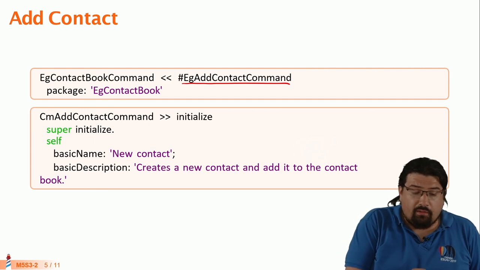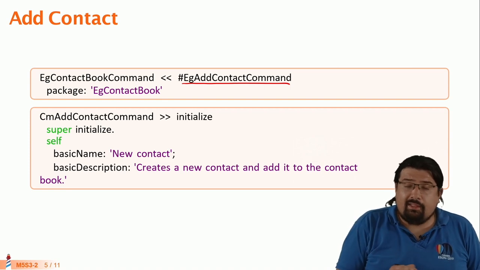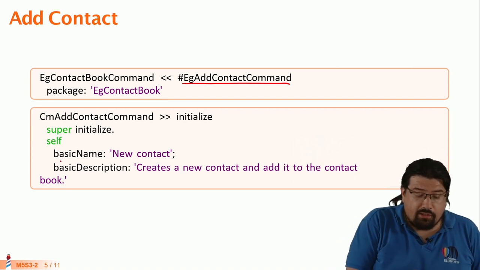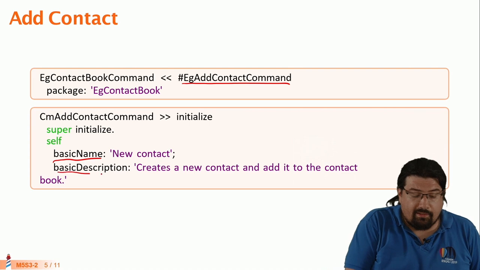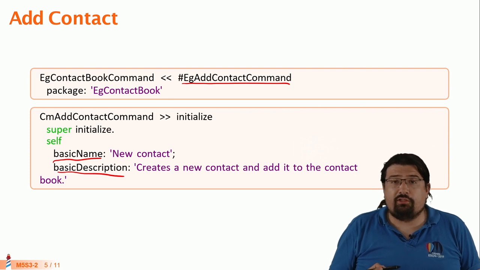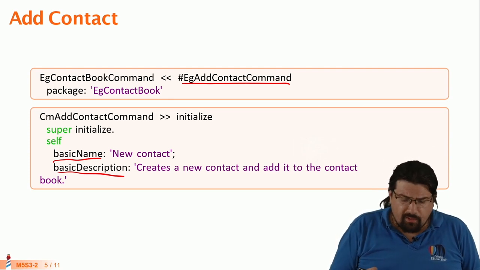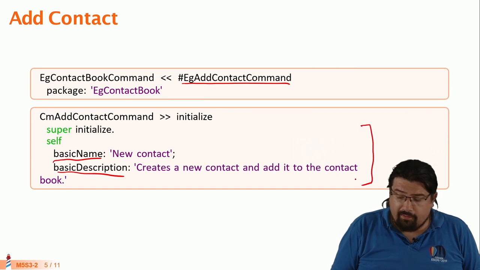Well, one of the properties that we have in Commander is that we want all the commands to be able to describe themselves. So each of them will have a name and a description. This information is important to build the UI so the user knows what operations are there, how to use them, and what they are doing. And this is provided by the framework.